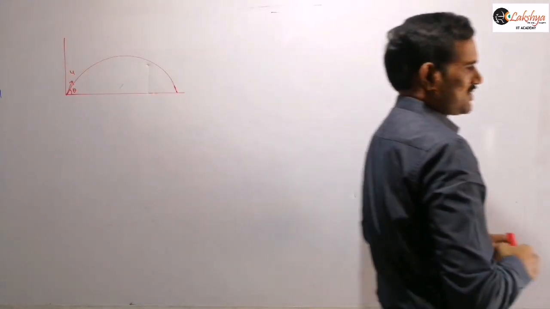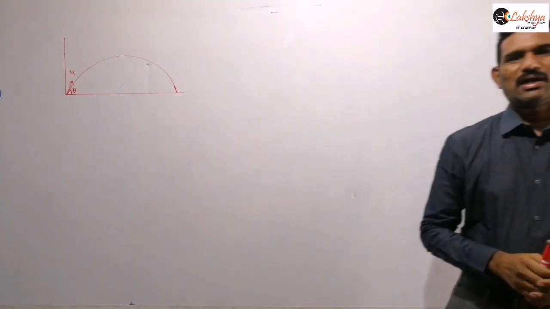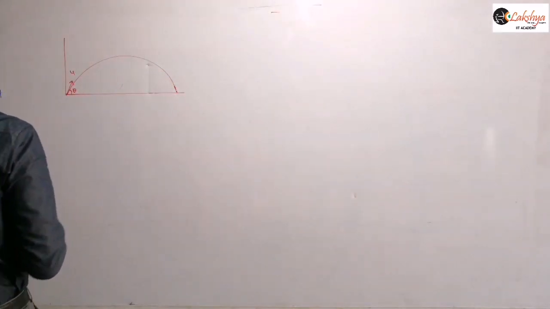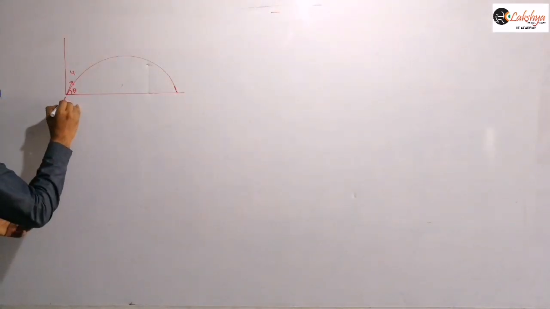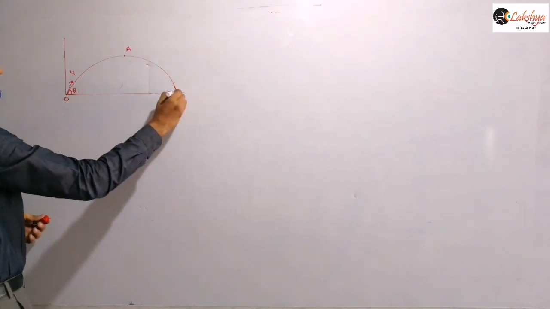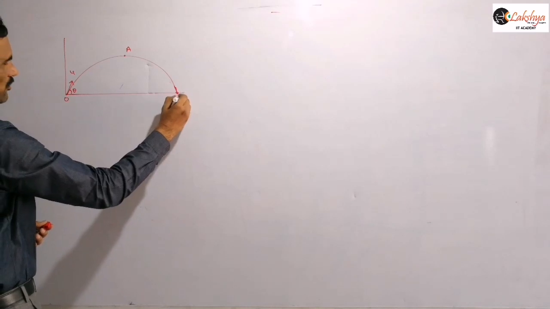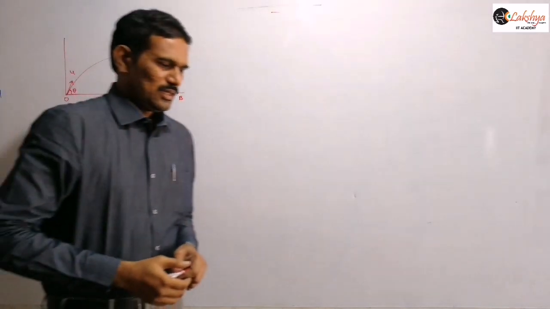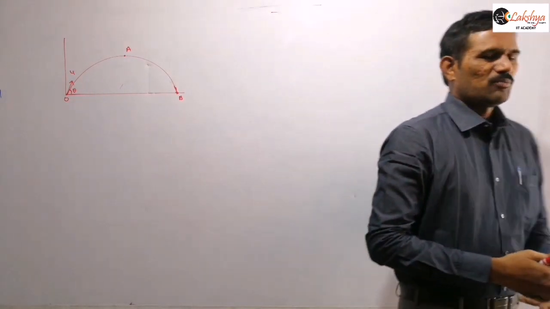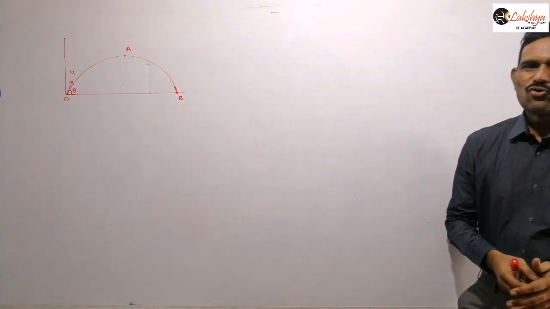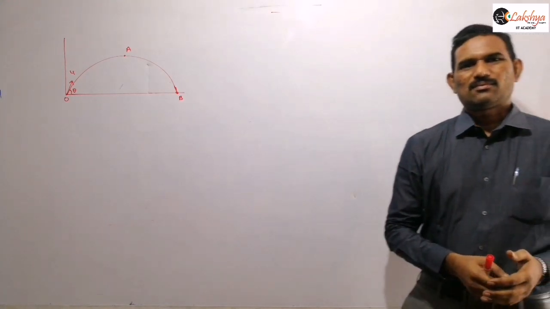If m is the mass of the particle, find the torque and angular momentum of the projectile about the point of projection.